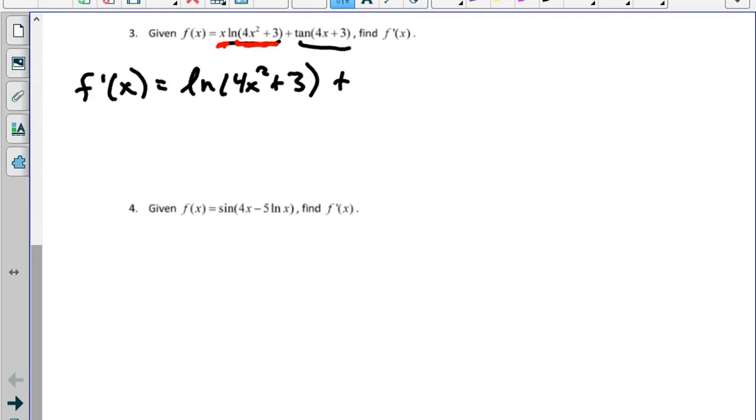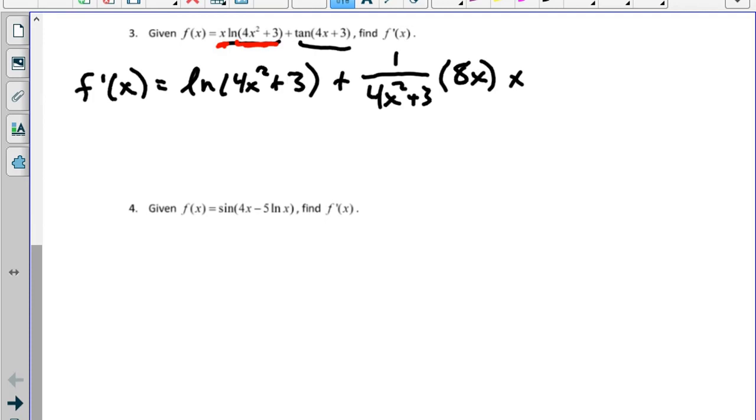So the derivative of natural log of 4x squared plus 3 is 1 over 4x squared plus 3. This is a chain rule situation because we have another function that's layered on the inside of natural log. So that's times the derivative of the inside function, which is 8x, then times the original x that we had here, because remember, we're in the middle of doing the product rule.